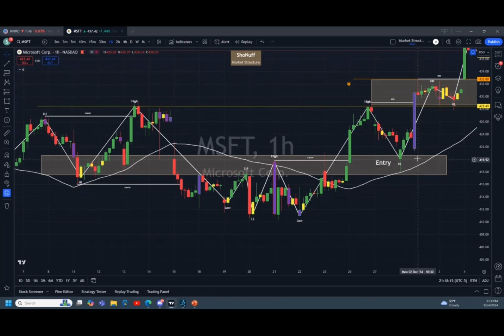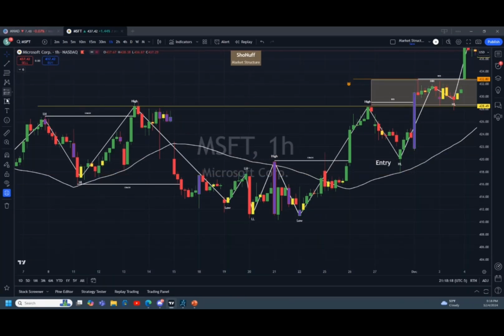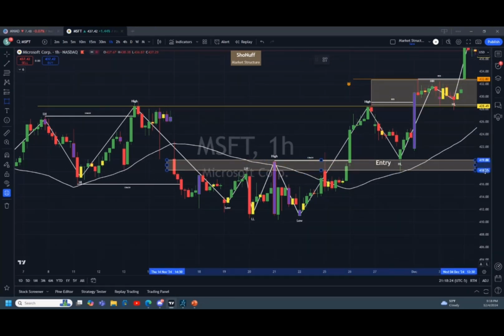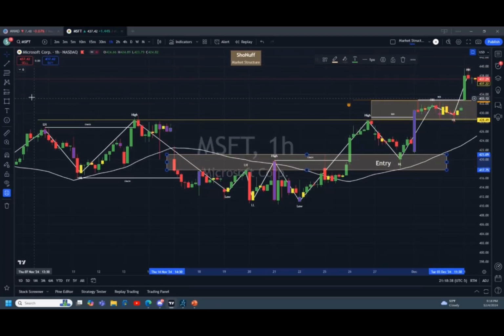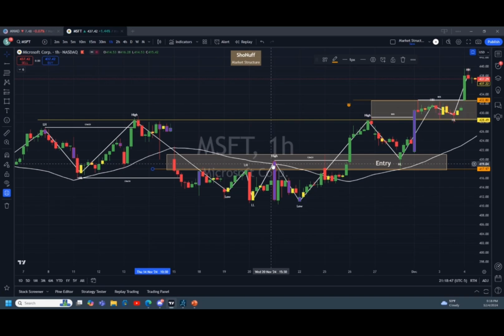So I have this wick here that's in here because buyers pushed it up here, then sellers pushed it back down. That's how I would look at it. Okay, got it. I see. You can just draw your line there too, because of the rejection. It broke through it, but it wasn't really much to it. So I just draw areas because as a price point, I really don't know where it would bounce.